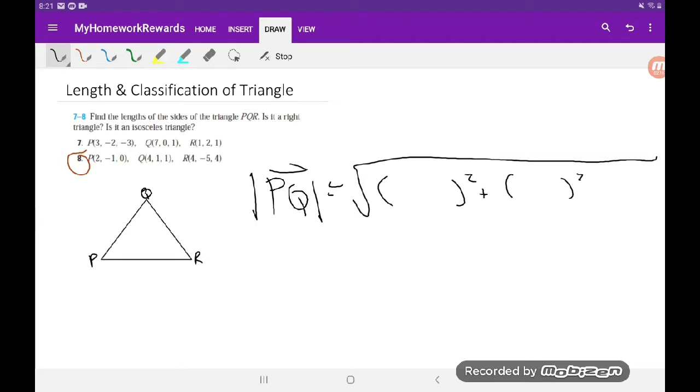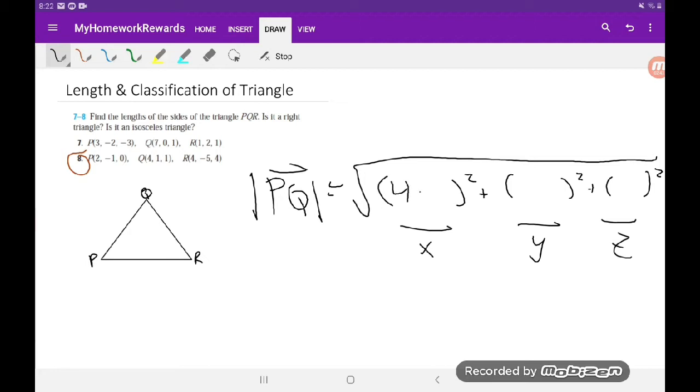All right, so now this represents the x, the y, and the z coordinates. To get the x coordinate, we want to take the x coordinate of Q and subtract it from the x coordinate of P. You can think of it as like using a slope formula, final minus initial.